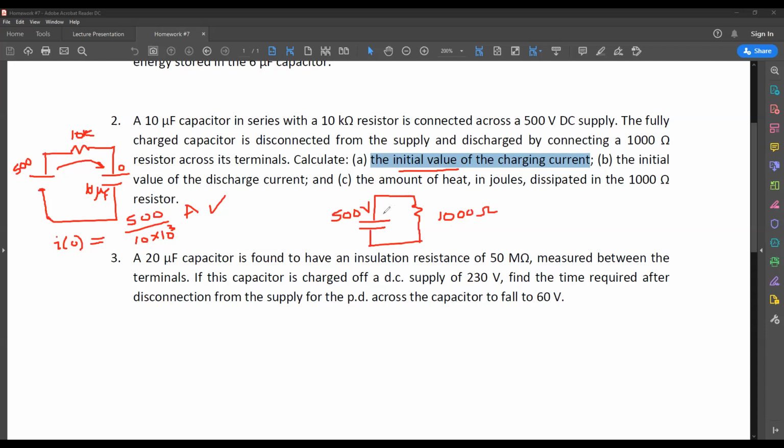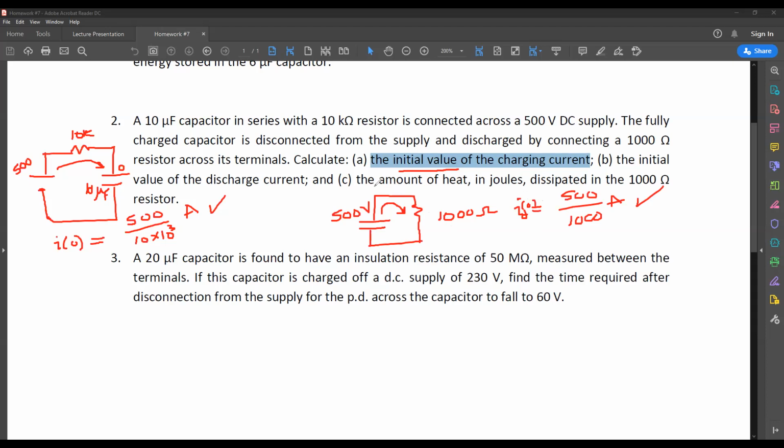He wants to know how much the initial current is. I discharge at 0 will be 500 over 1000 ohms. That's it.